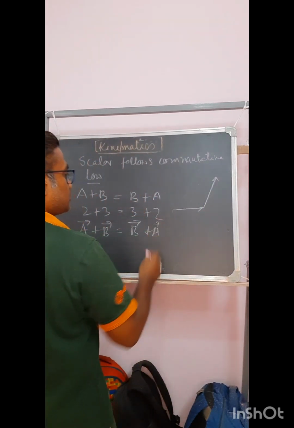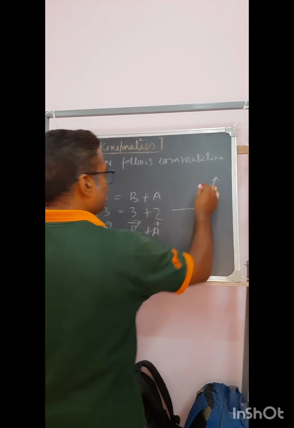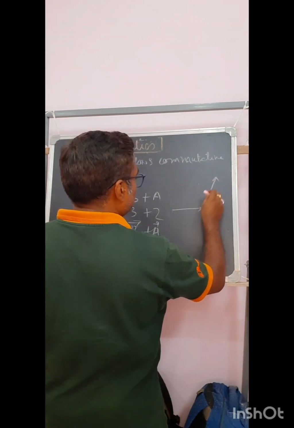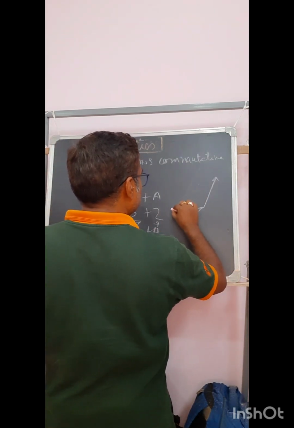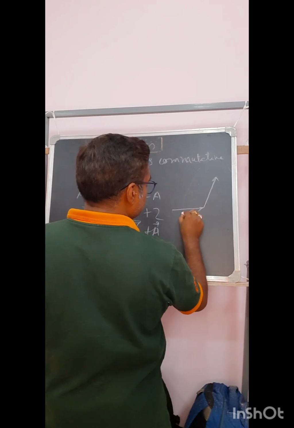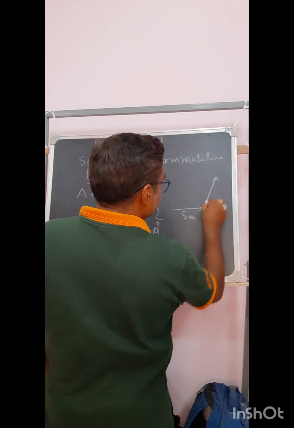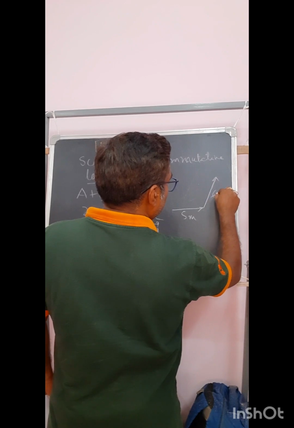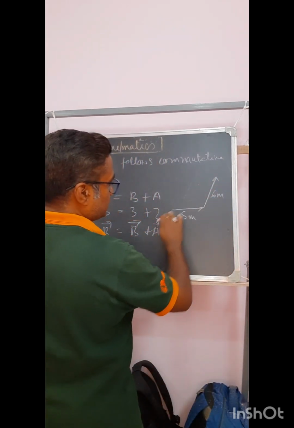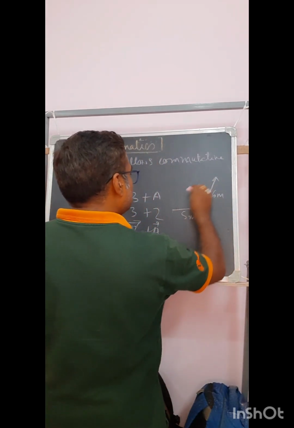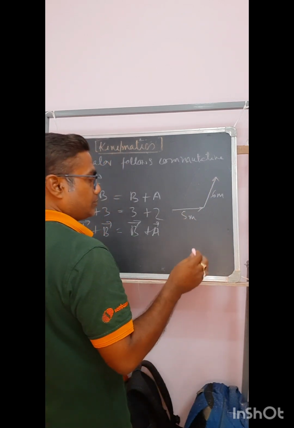Two vectors are cumulatively acting, so we have to find the resultant or the sum of these two vectors. Let's say this is a displacement of 5 meter, this is 6 meter, displacement along some path. Now we have to consider the ultimate displacement.